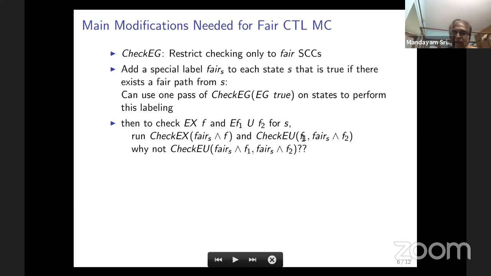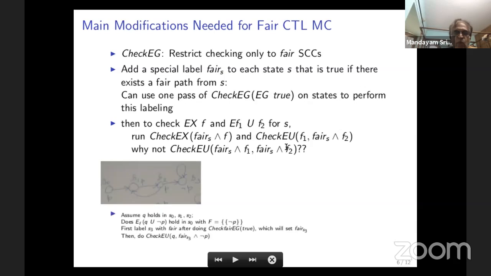And that's why you will sometimes see in books the algorithms not attaching this fairness label to the F1 part. So that's what you do, okay?